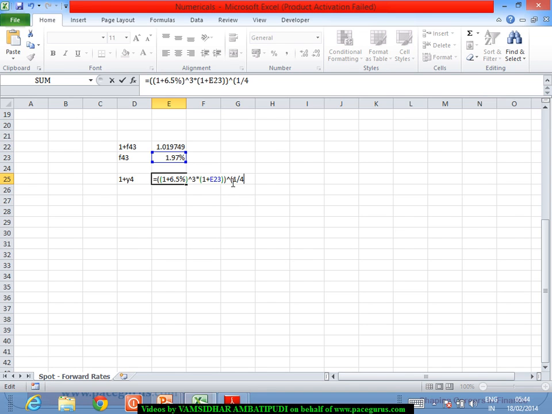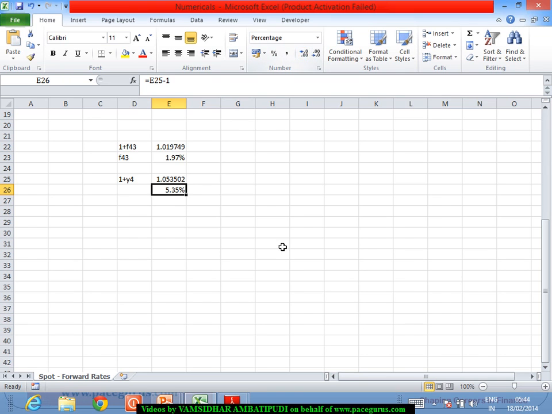To the power 1 by 4 will give me 1 plus y4, and from here I can compute my y4. So the 4-year spot rate in this case came out to 5.35%. Right, the 4-year interest rate.